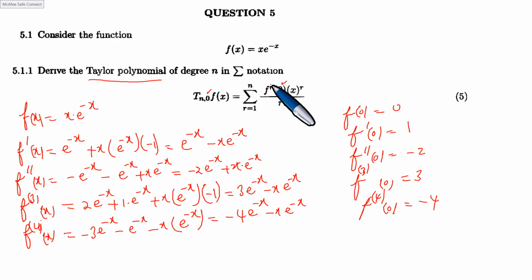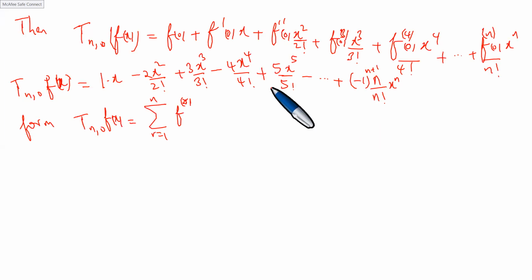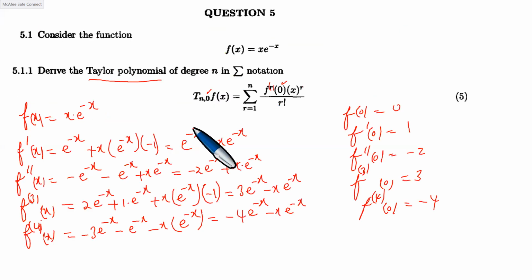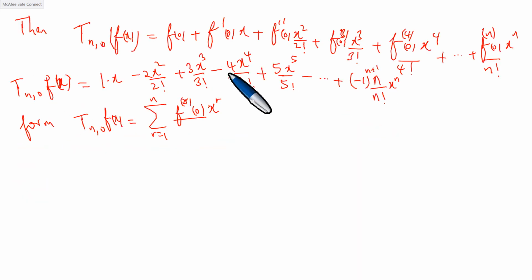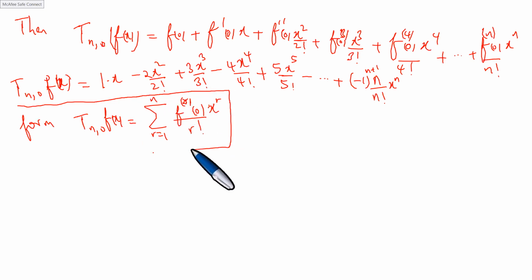There must be brackets here, because this is the derivative, f^(r)(0), x to the power r divided by r factorial. So it must be of this form. How far are we from that?